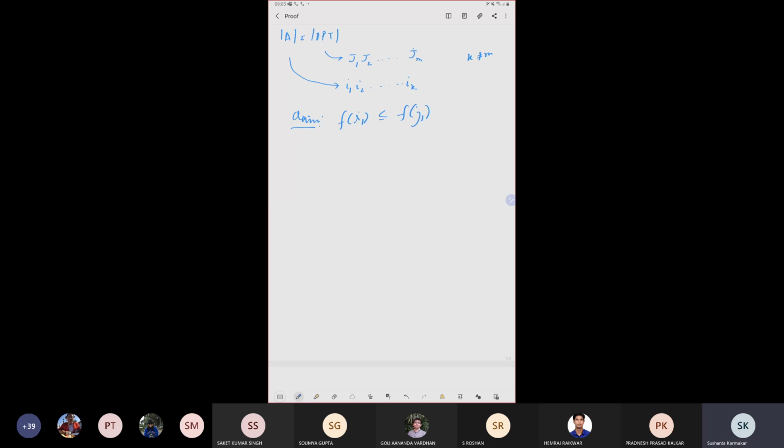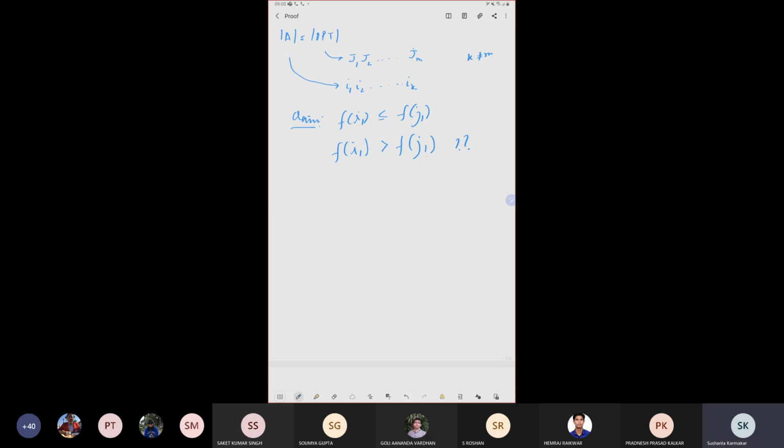So if this were not the case, that means if f of I1 was greater than f of J1, then our algorithm, instead of choosing I1, would have chosen J1.